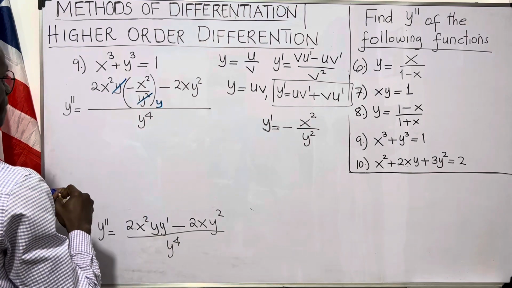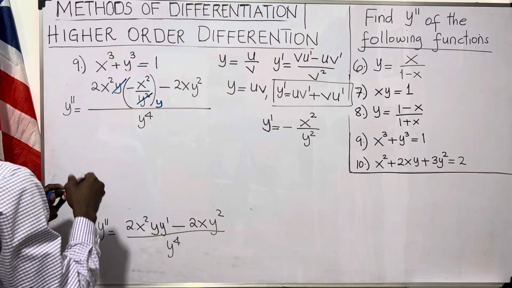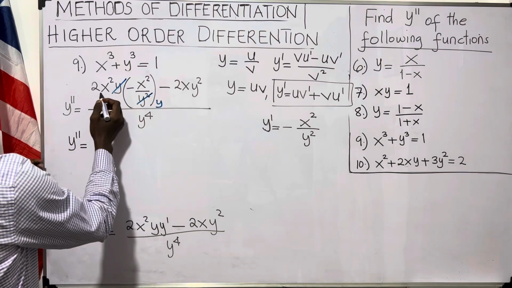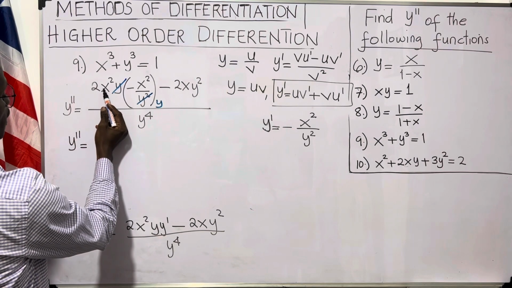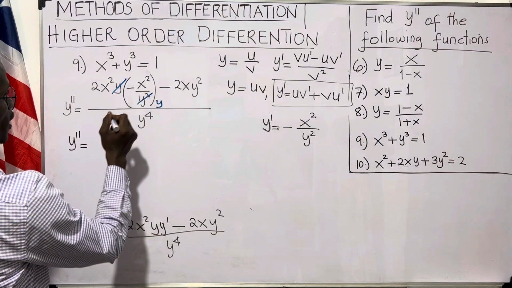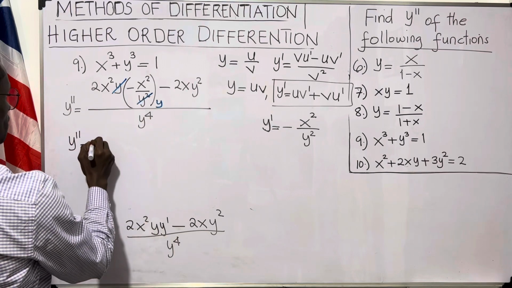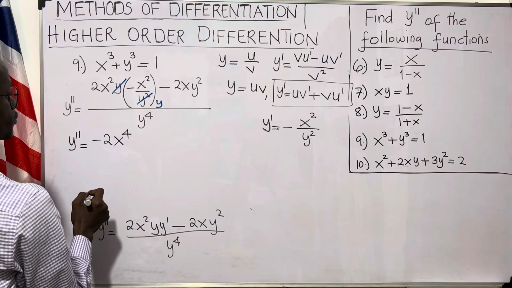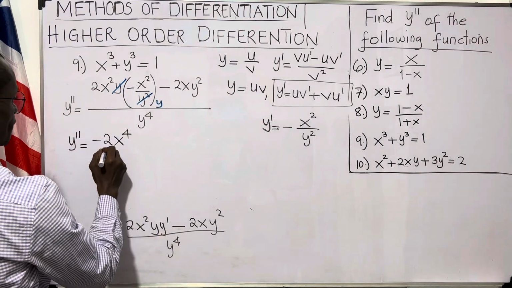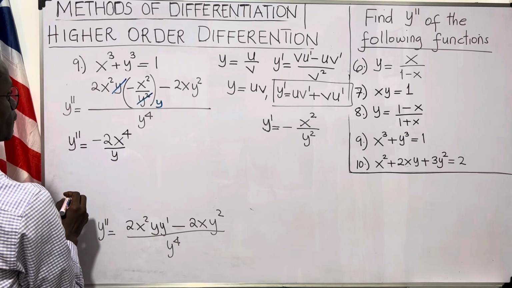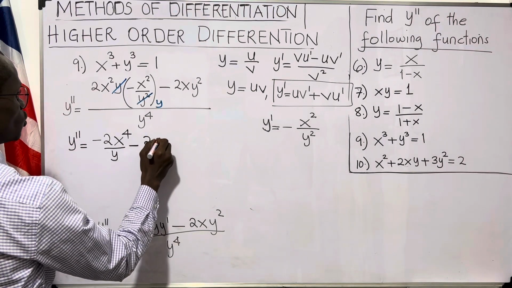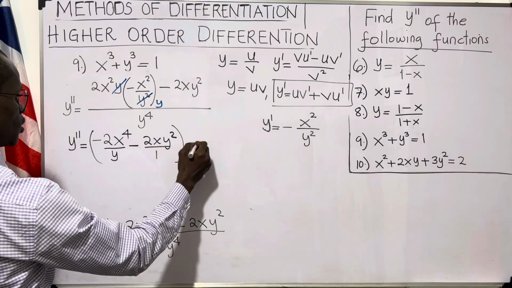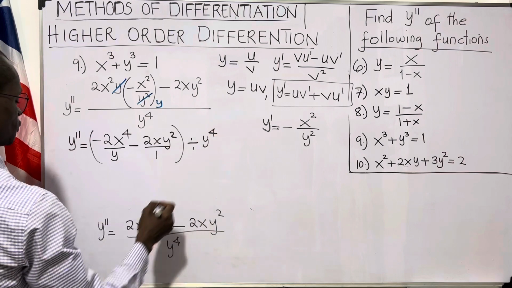You'll be left with y. And then y prime prime now will give us, this is 2x squared times x squared. So this gives us minus 2x to the 4th power divided by y. And then minus 2x y squared, all divided by y to the 4th.